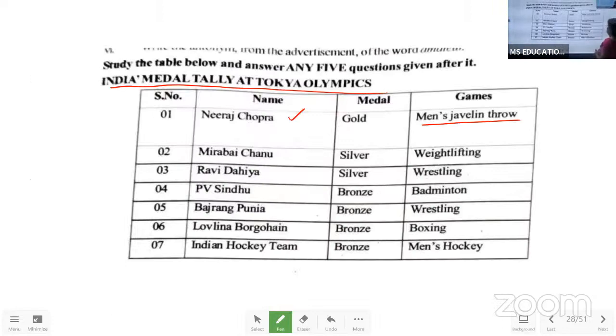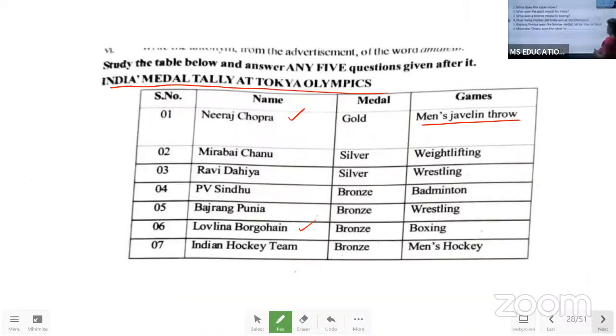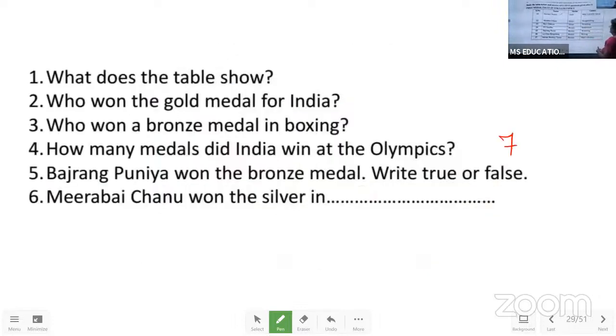It is Lovlina Borgohain. Next is how many medals did India win at the Olympics? Very easy. Already I told you. There were 7 medals that India won. You can see the serial number, you get the answer.